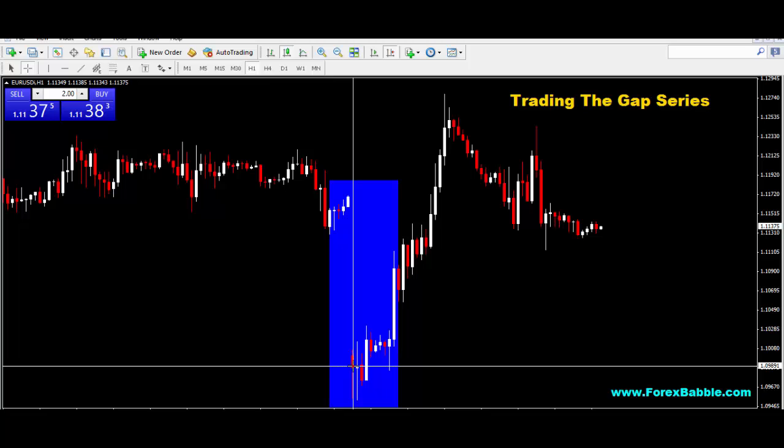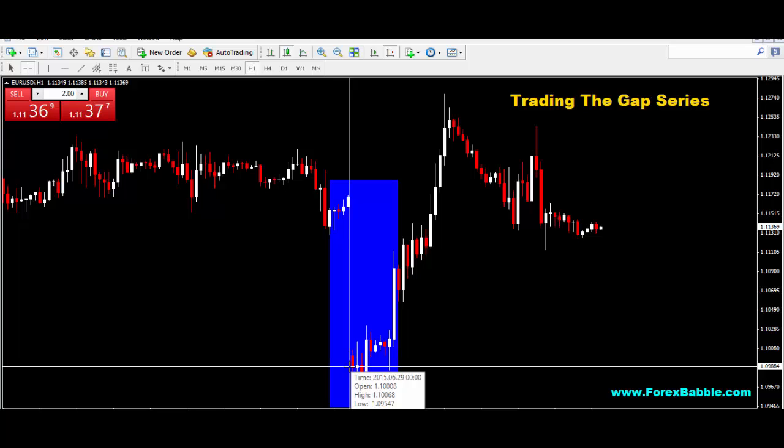You can't always, but when you're looking for a gap, the gap is more prominent to happen when the market shuts down and it opens back up over the weekend. Alright? That is a very common time when the gap will appear in the market.